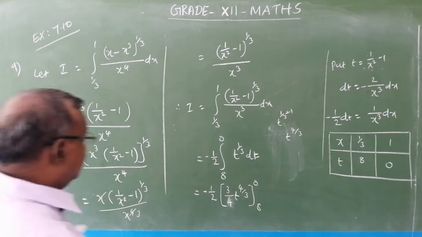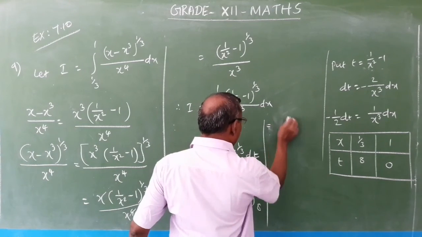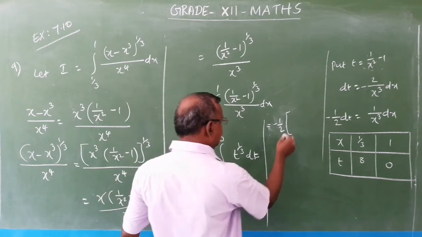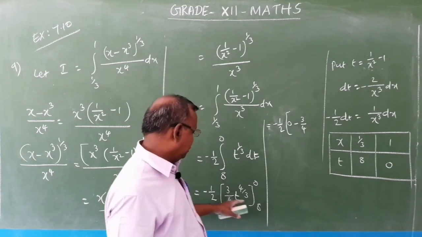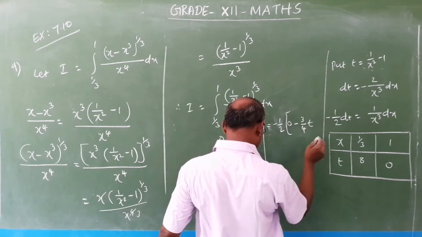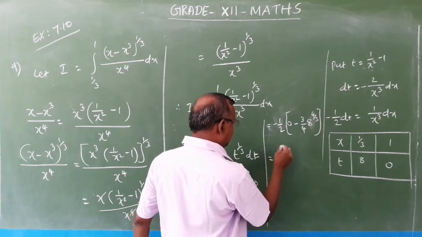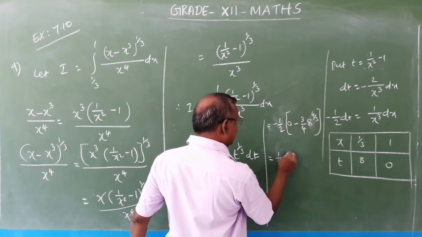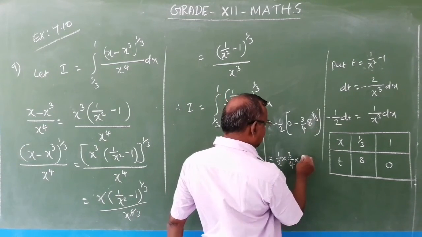Now we can compute the value of this function. This is equal to minus 1/2, upper limit 0 means everything 0, minus lower limit, 3/4 into, substituting t, 8 power 4/3. So minus into minus plus, that is 1/2 into 3/4 into 8 cube root to the power 4, 2 power 4 is 16.